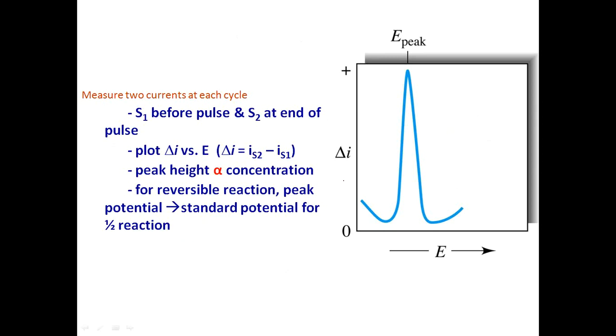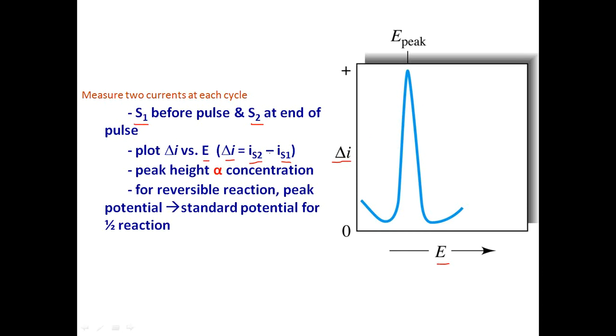So the plot that has been made is with respect to the difference in the current, that is the current measured at the end of the pulse and the current measured before the pulse is applied, that is S2 minus S1, right? That gives you the delta I, the difference in current, and this is plotted against the potential. So this is potential versus differential current, and this is the peak that you get for differential pulse polarography.